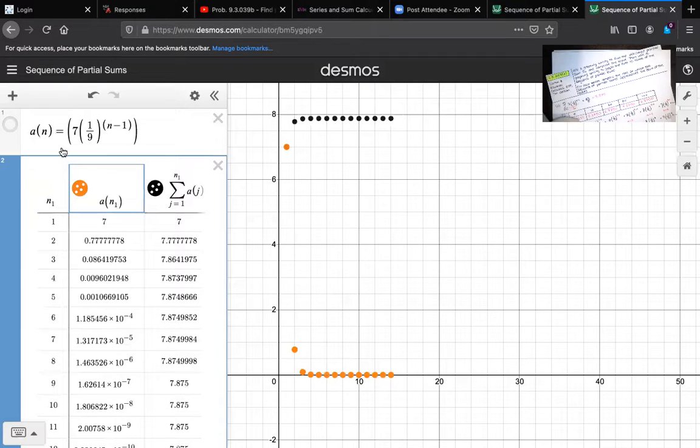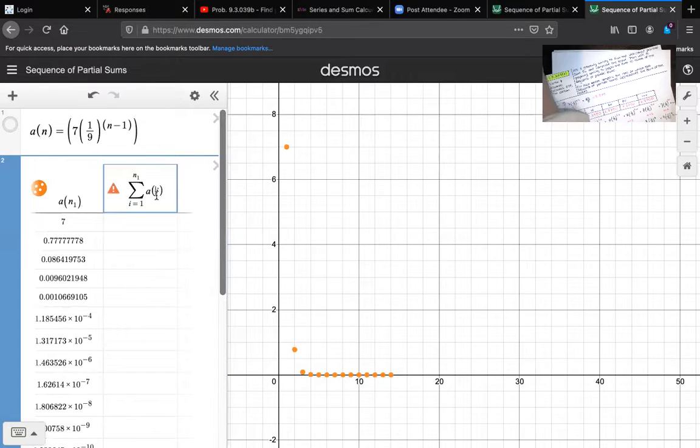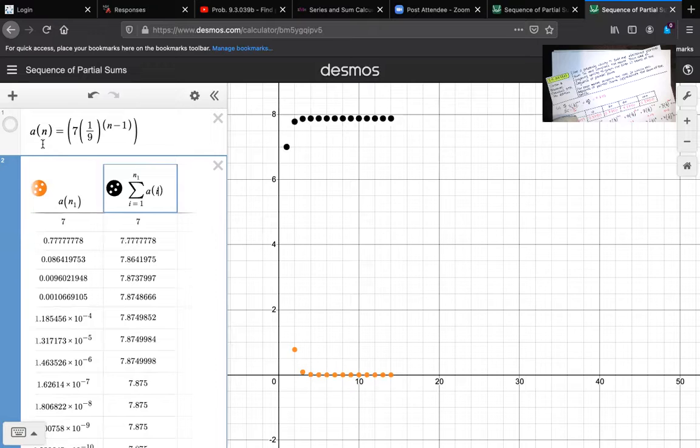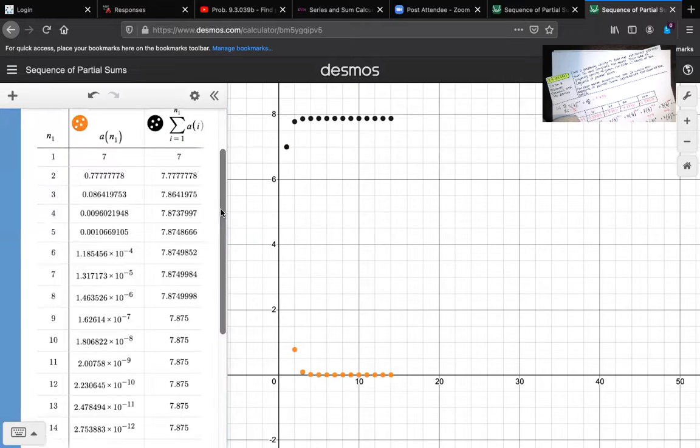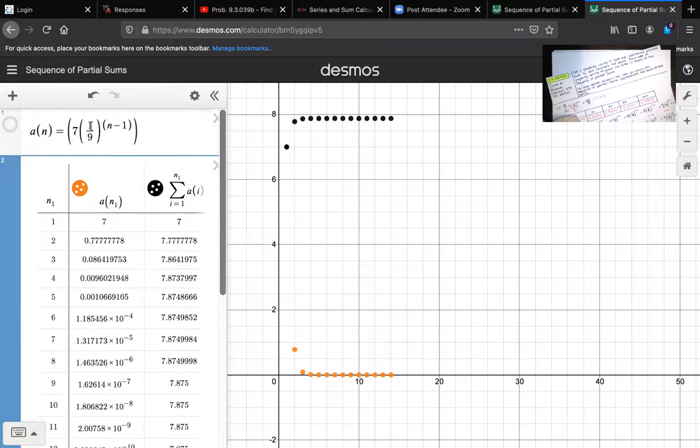There we go. So we'll call this a of n is this. And then we've got our n1 here, a of n1, and the sum as j goes from 1 through n1 of a of j, or I prefer i. Labels really don't matter. But okay, so these are the nth terms of our series.